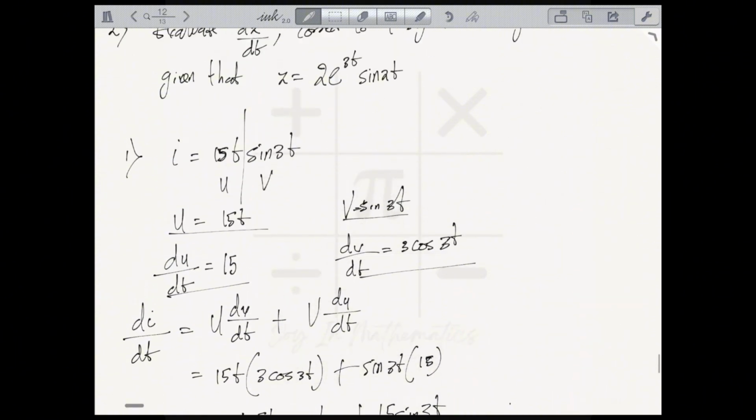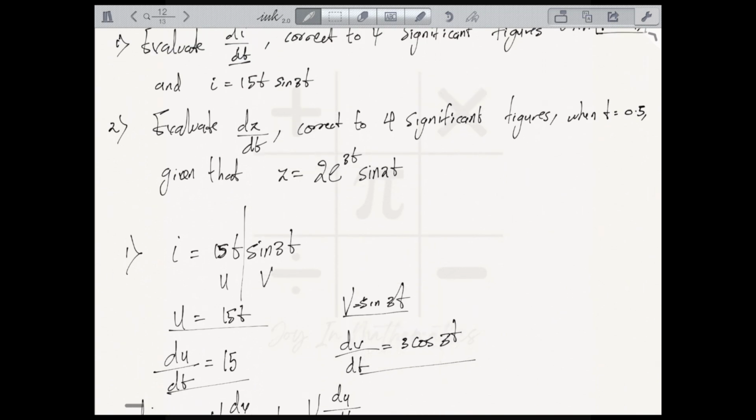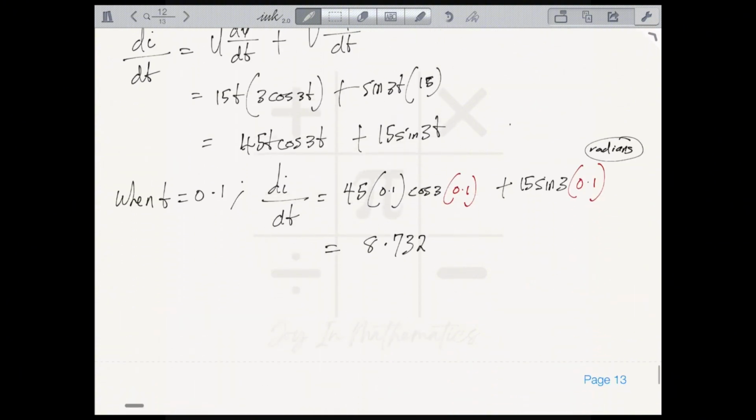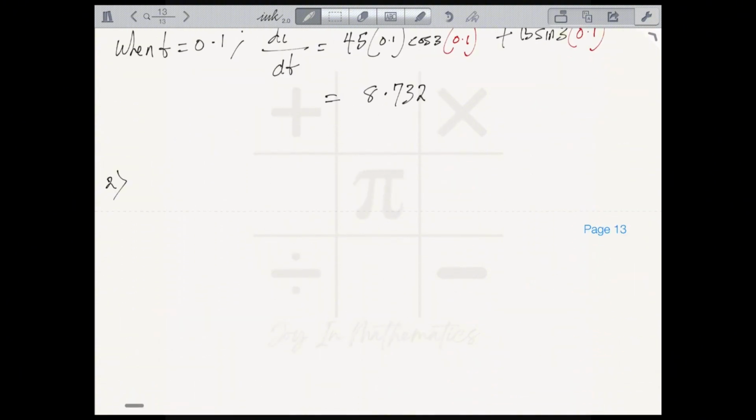8.732. Now let's look at the second question. It says evaluate dz/dt correct to 4 significant figures when t is equal to 0.5, given that z is equal to 2 exponential 3t sine 2t. The first thing we have to do is to pick one to be u as usual and pick the other to be v.